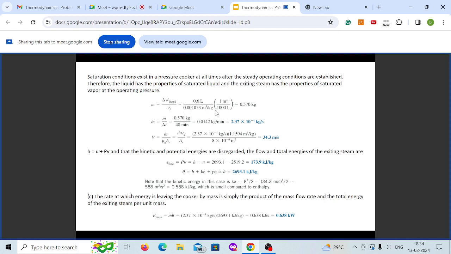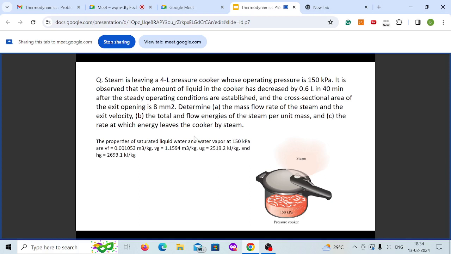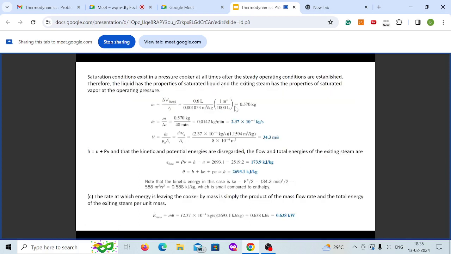We convert liters to meter cube, because the specific volume is in meter cube per kg; 1 meter cube is 1000 liters, so we divide by 1000. It comes out to be 0.57 kgs, the amount of water you are losing.